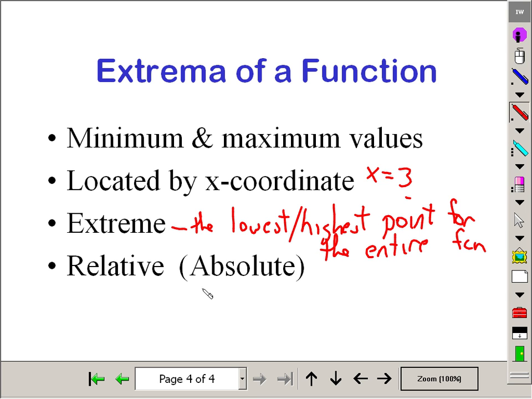Relative is more in that area. There's a little bit of a hump, but the function might go up or the function might go down more. And we'll look at these in some more detail then. But that's the difference between extreme and relative. The book uses the term absolute. I call it more the relative. We're going to focus more on these, but just so you know, sometimes you do have these as well.